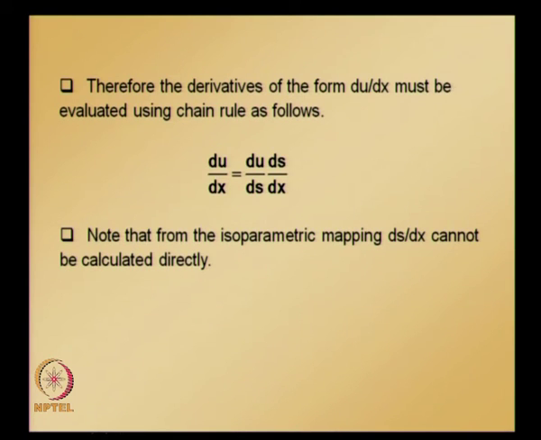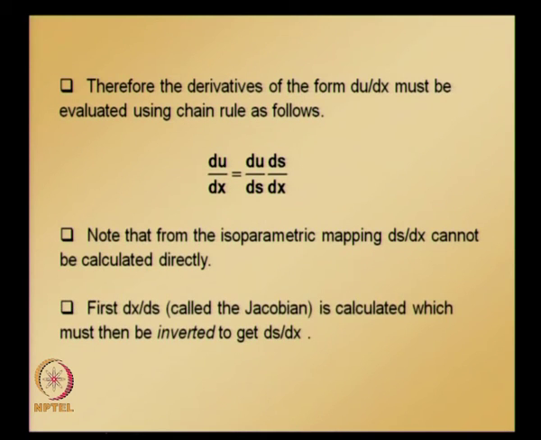So first we need to calculate dx/ds, which is also called the Jacobian, and for a linear element it turns out that this Jacobian is equal to L over 2, L being the length of the element.